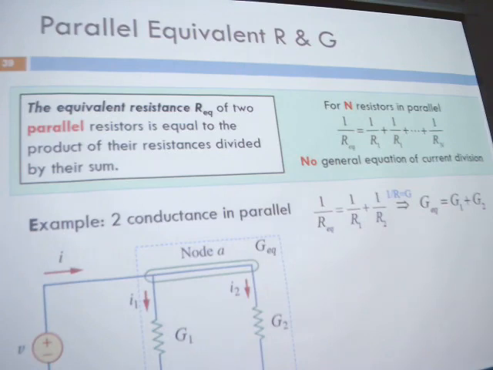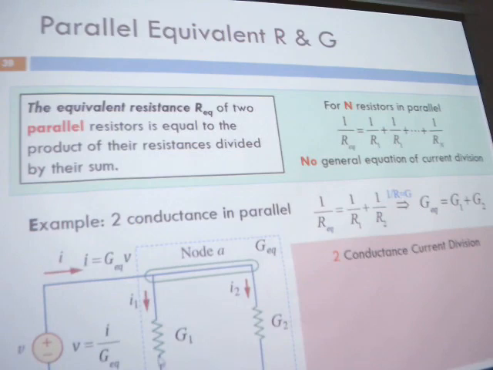The reason is it is easy to write math equations. You can see for this expression, we cannot get a general equation for current division. But if we use G, we can get it.